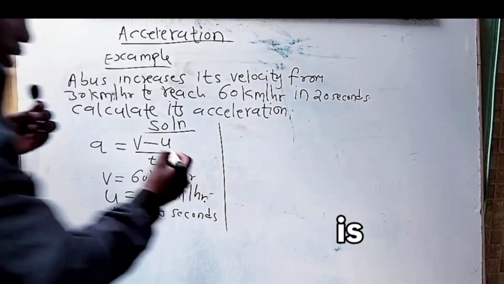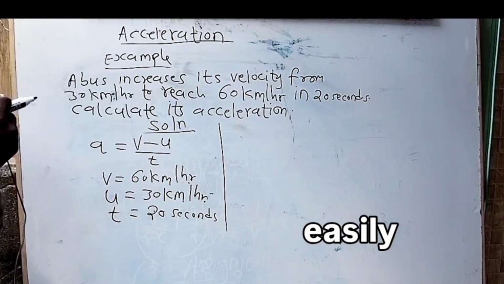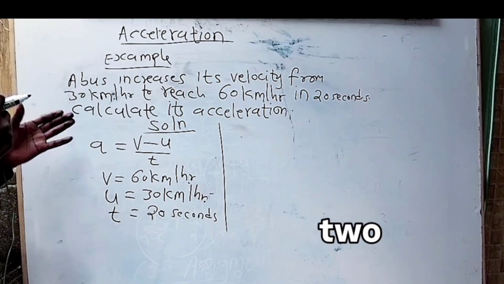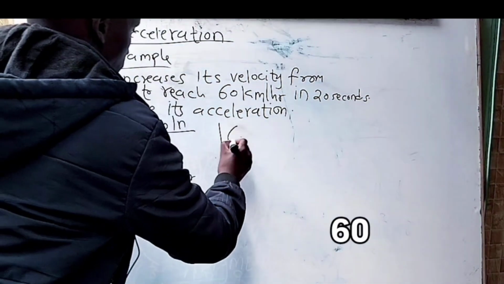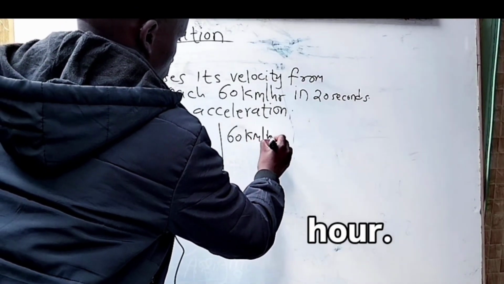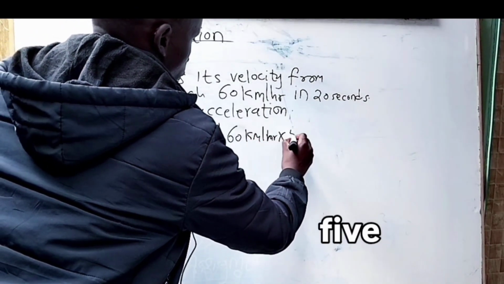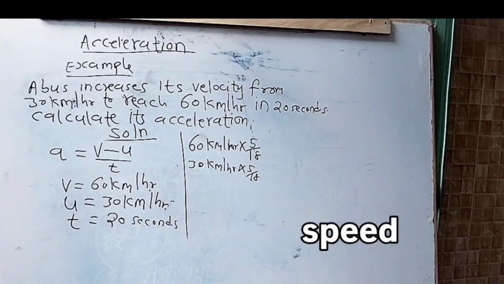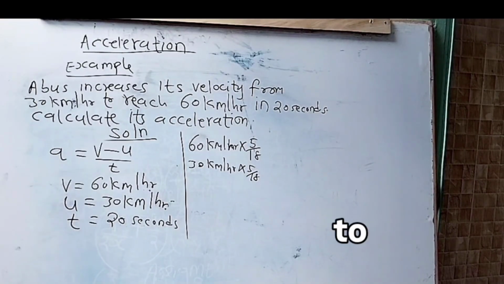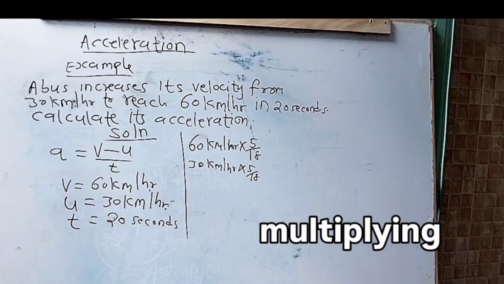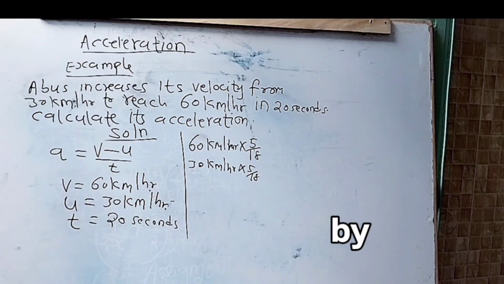Okay, so this is how we easily convert 60 kilometers per hour to meters per second. We just write 60 kilometers per hour times 5/18. We convert the speed from kilometers per hour to meters per second by simply multiplying the speed by 5/18.